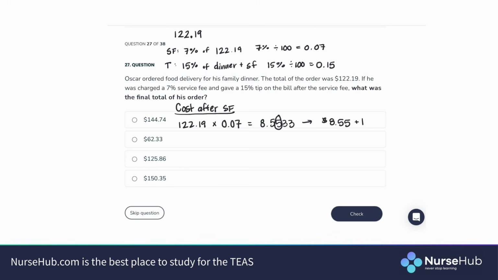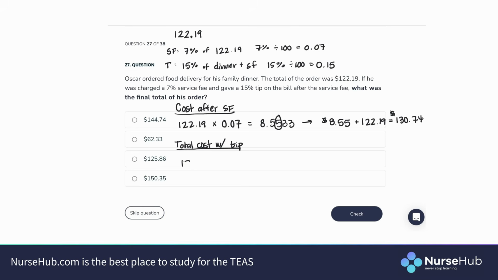If I add that on to $122.19, I get $130.74. Now I can do total cost with the tip. Now I'm going to show you a different way to do this one as well.